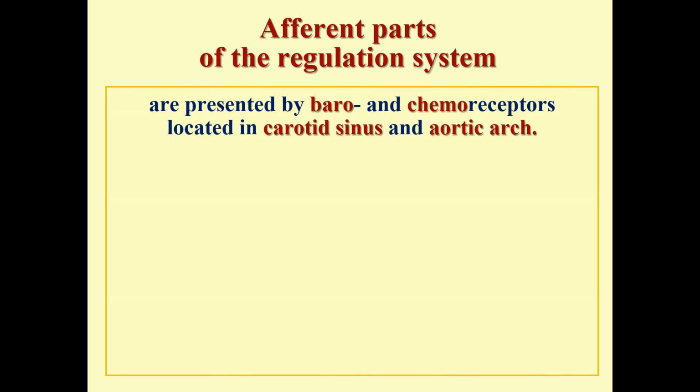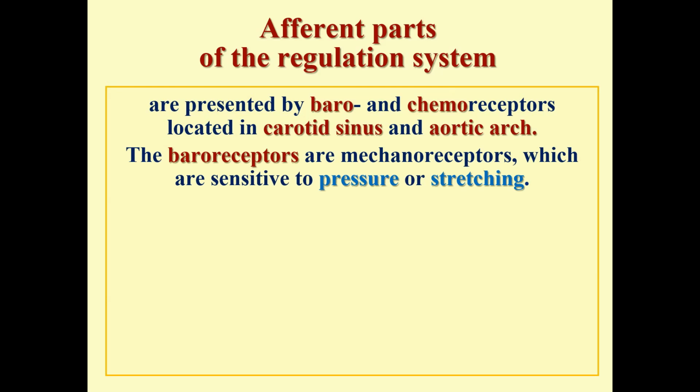The baroreceptors are mechanical and respond to pressure of how much blood compresses the vessels, and especially the areas with great amount of receptors. The greatest amount of receptors is located in two areas, carotid sinus and aortic arch. Baroreceptors respond to pressure and stretching, which actually are related to each other.